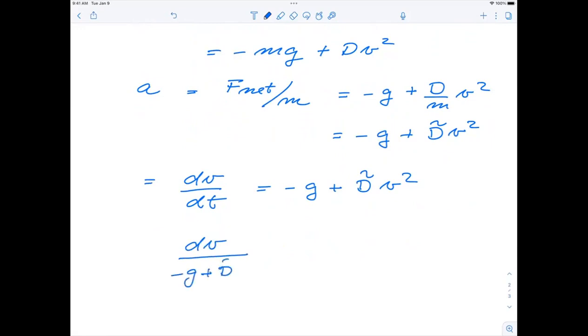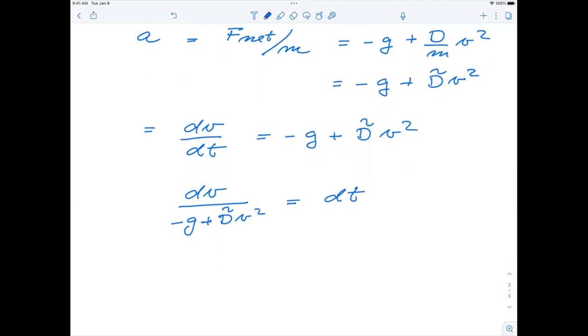And what you see now is a pretty common trick, which is used when we try to solve this type of equations. If we look at what we have on the right-hand side, we have something which depends only on time. So we can make an assumption here that we can integrate up the right-hand side without thinking of the velocity itself. This is a technique which is often called separation of variables.